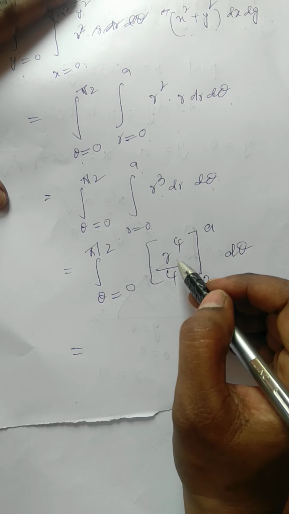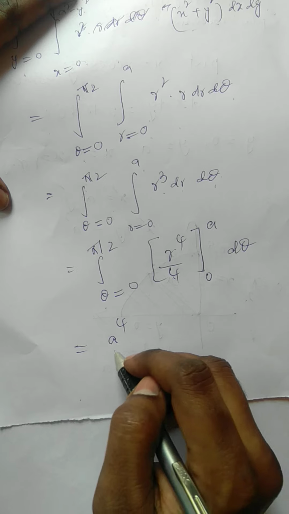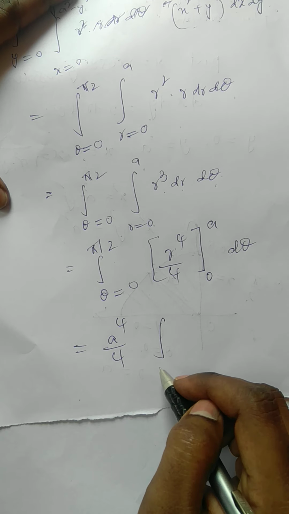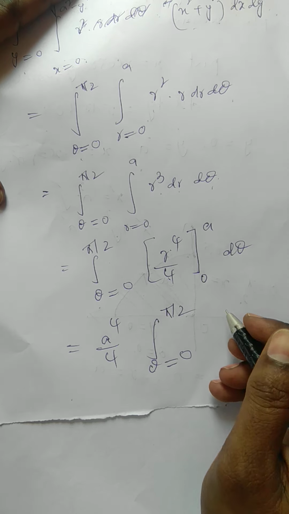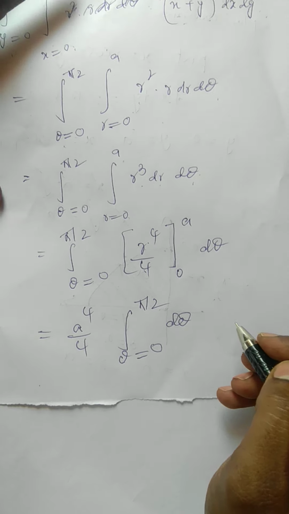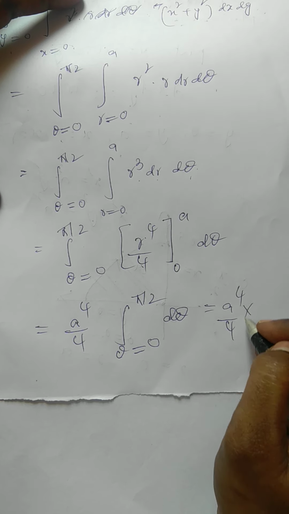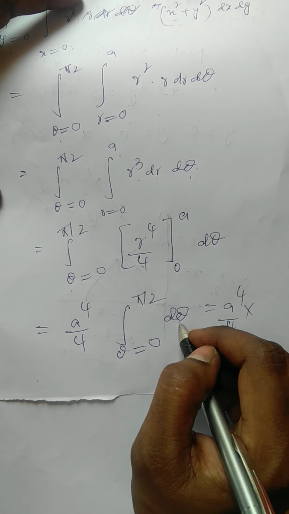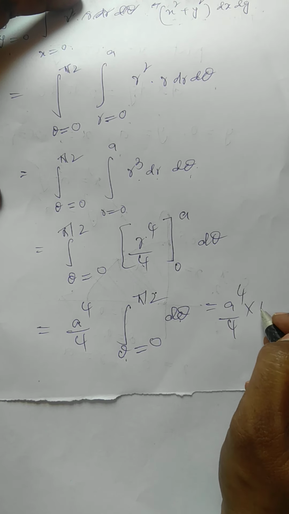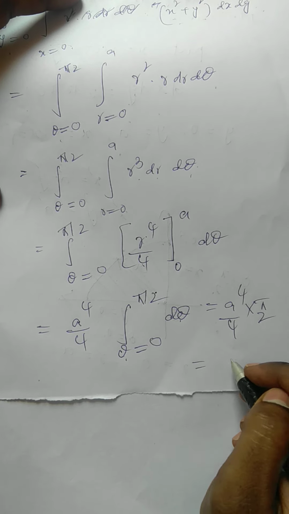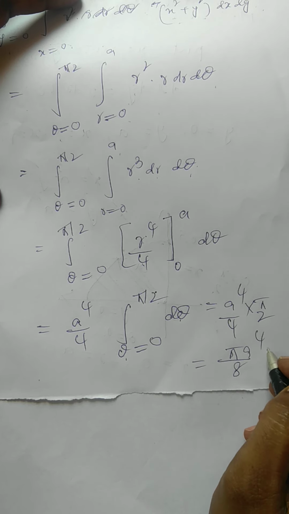Now replacing r by a, a power 4 by 4 is a constant, which we write outside the integration, and theta equals 0 to pi by 2, d theta. So that equals a to the power 4 by 4 into the integration of d theta, which is theta. Upper limit is pi by 2, lower limit is 0, so pi by 2 minus 0 is pi by 2. The answer is pi a to the power of 4 by 8. This is the required answer.